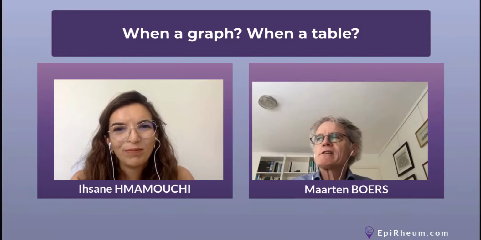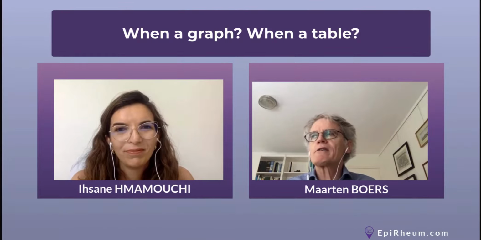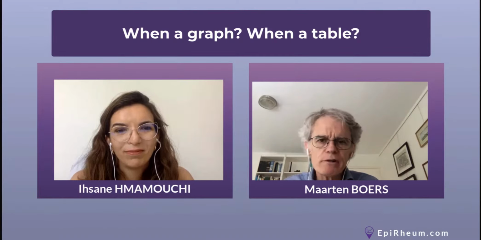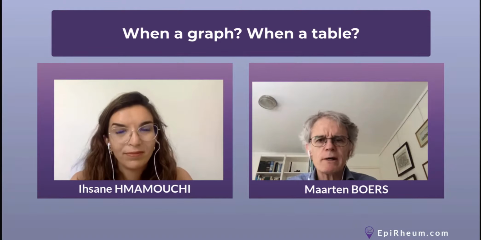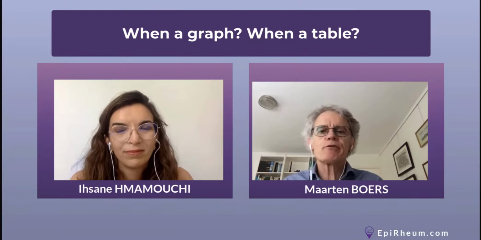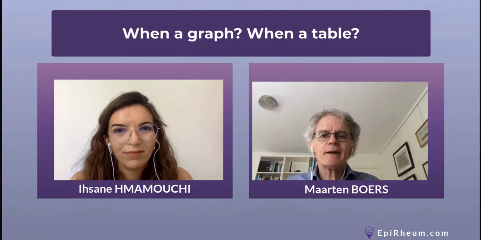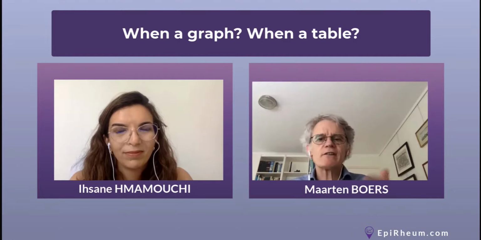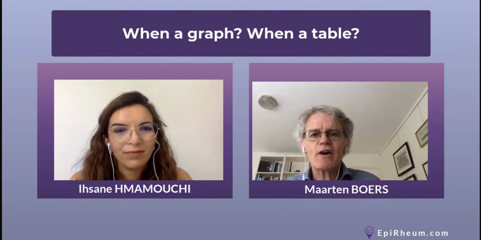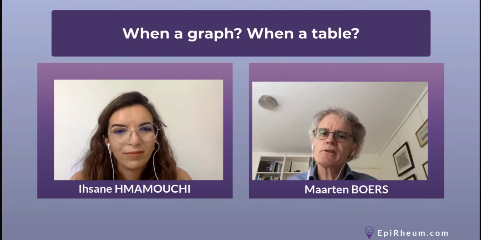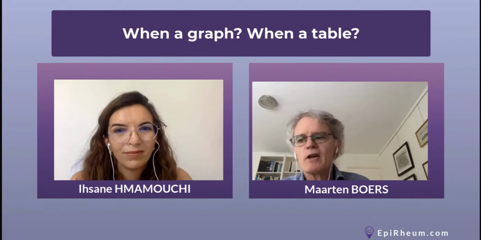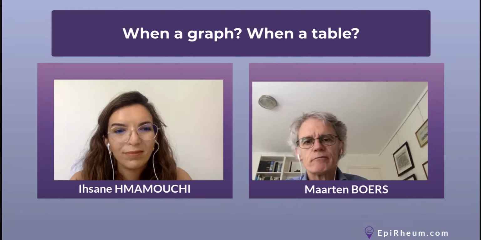If your message requires a lot of numbers, and the numbers need precision, then a table is best. But if your message has a lot of relationships, then a graph is best. So that's sort of the basic choices you have.